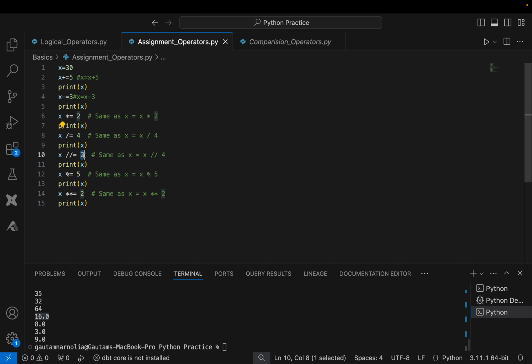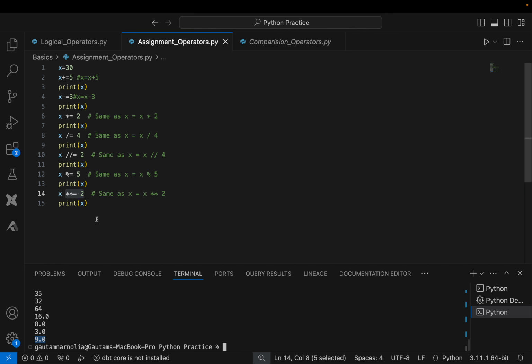Then 16 floor division by 2 becomes 8. Then 8 modulo 5, the remainder will be 3, and then 3 exponent 3 is 27. These are all the assignment operators which we can use in Python.